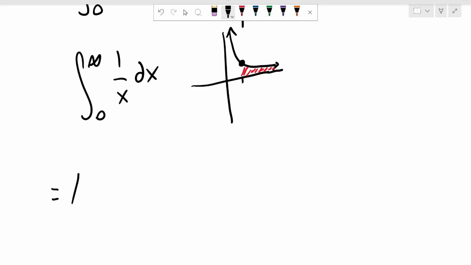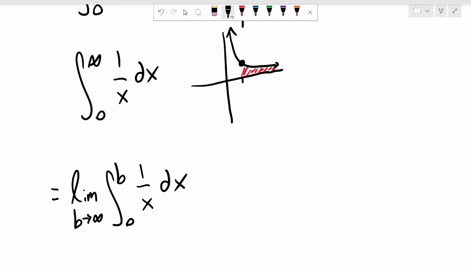So we'll rewrite this as the limit as b goes to infinity of the integral from 0 to b. Of course, you can use whatever letter you want, but b is typically used for the second bound of integration. A is used for the first. And then we're going to have to keep bringing that limit along with us. It gets kind of annoying to write every time.